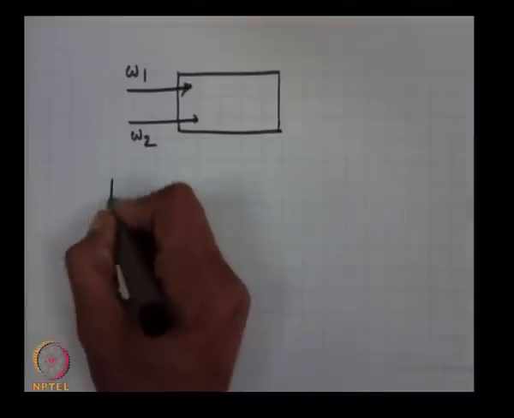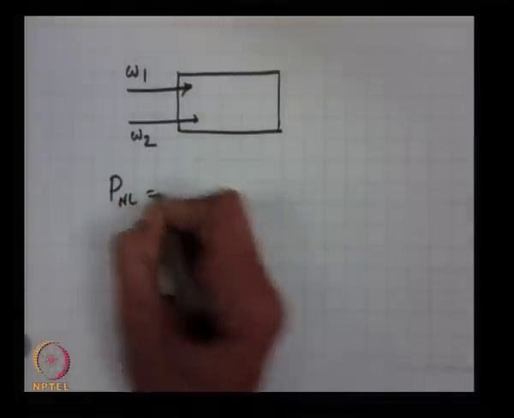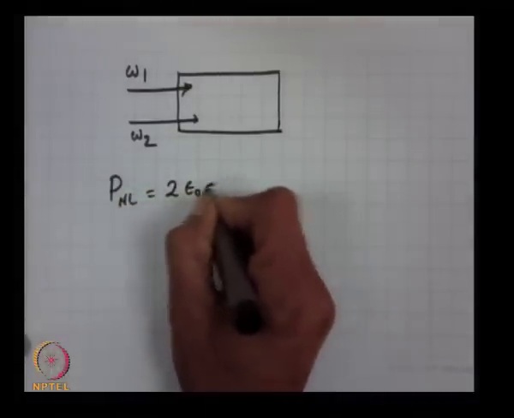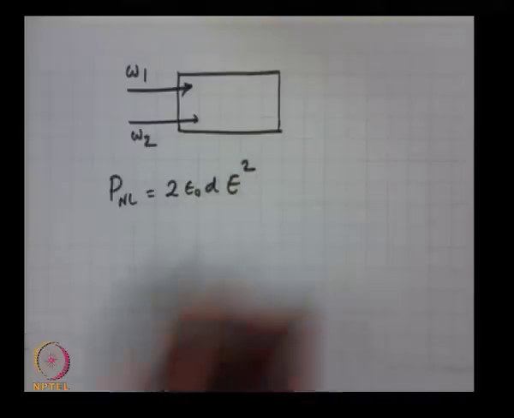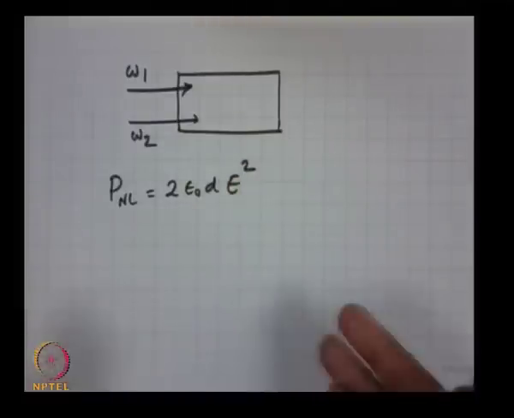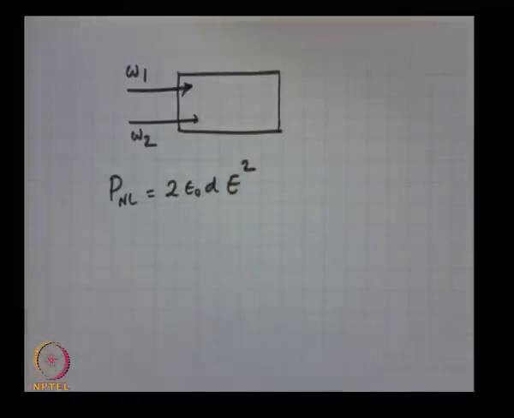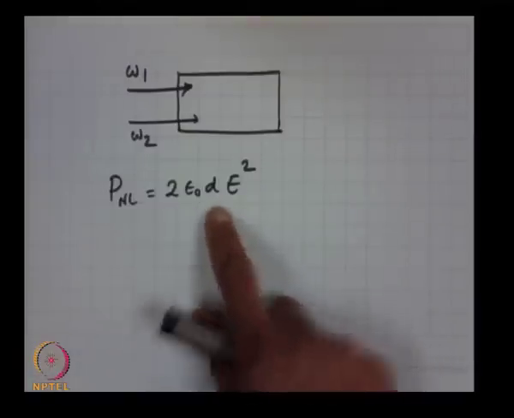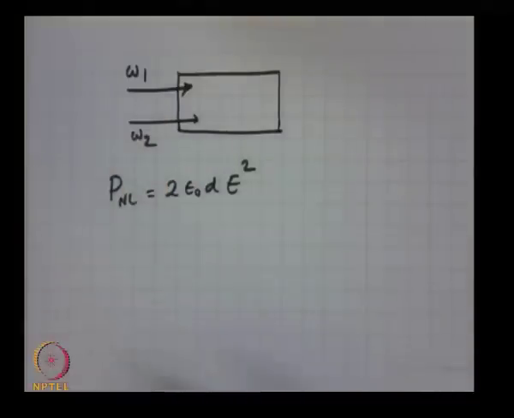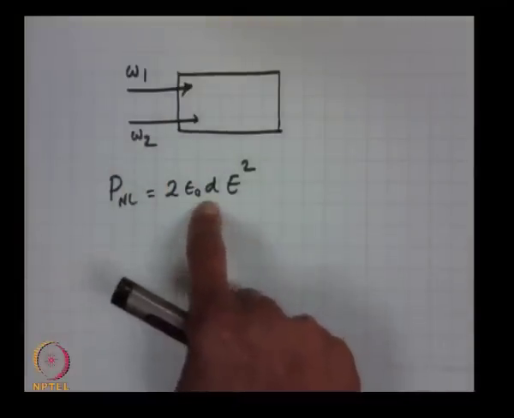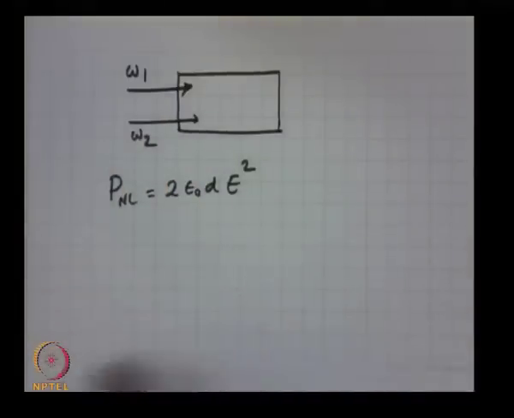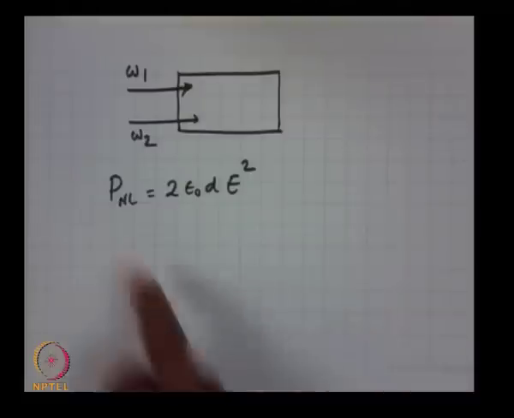Remember, nonlinear polarization is 2 epsilon 0 d e square. Now I'll get back to the scalar equation, because as I showed you, I can always obtain a scalar equation from knowing the polarization states of the waves and the crystal d tensor, etc. So I don't have to actually solve the equations with the complete tensor notation. I've approximated by a scalar equation.